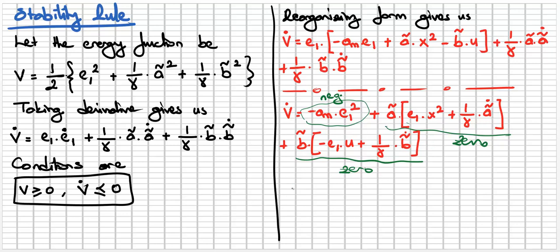And so A estimated dot should be selected as minus gamma times E1 times X square, and also B estimated dot as gamma times E1 times U. If we select these terms and put this equation into the V dot equation, we have the zero value in here and zero value in here, okay.